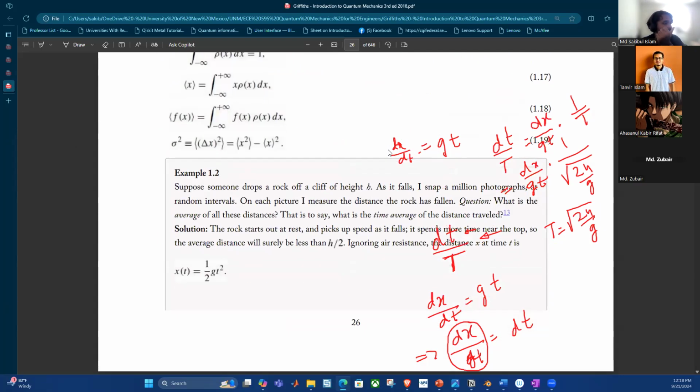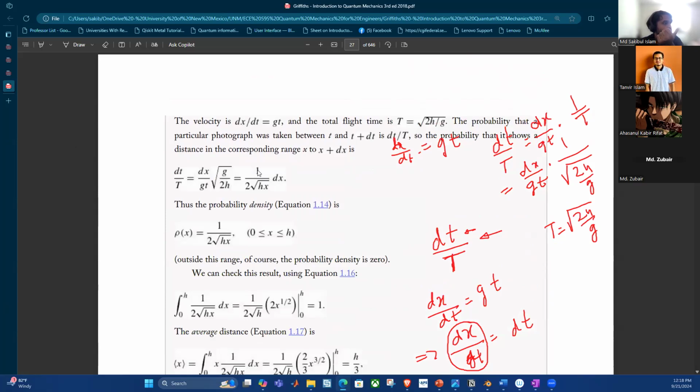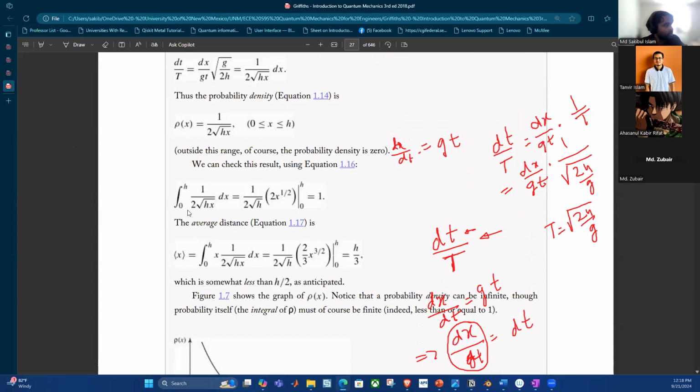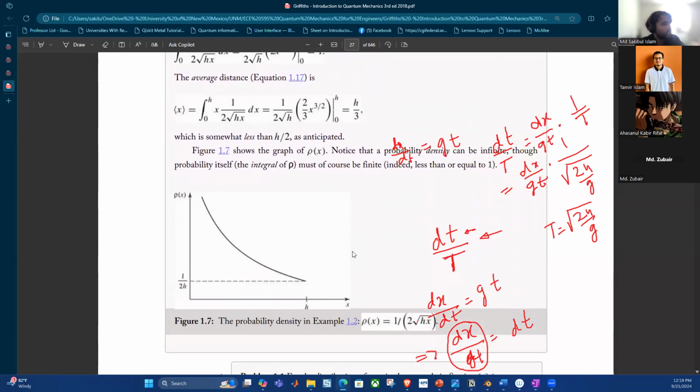So you have dx in here, so that means it should be rho x. If you do the integration from 0 to h, it should be 1. If you do the average, that means x rho x dx, it will be h over 3. So this is your probability density and it is following x.